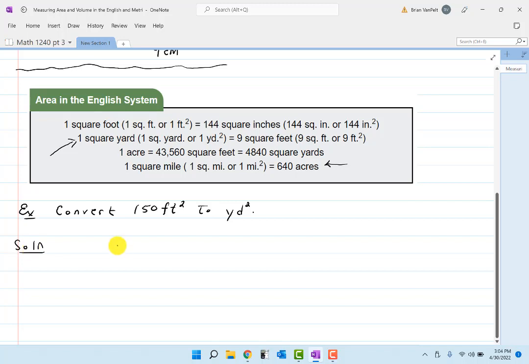So as usual, we'll start with 150 feet squared, and I'm going to multiply it by a fraction. And what I want is I would like feet squared to be in the denominator and yards squared to be in the numerator if I can have it. That means I want to look at my table and see if there is actually one that I can employ that directly connects square yards to square feet.